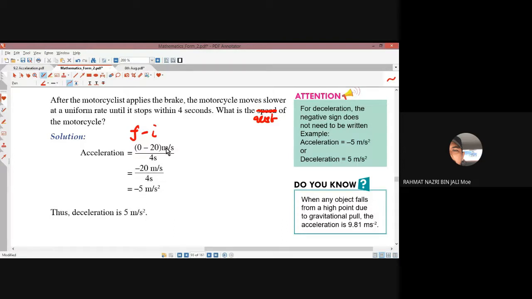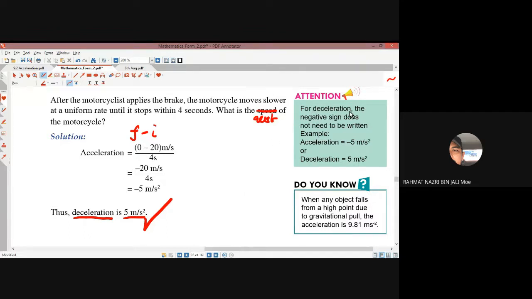So the deceleration is when we write down the deceleration, kita tidak perlu letak negative sign. Kita tulis this value 5 meter per second per second. In calculation, we have to show the negative sign.